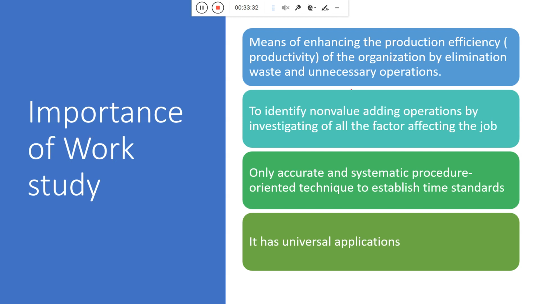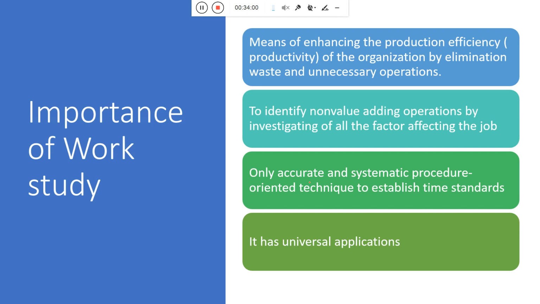It also identifies non-value-adding operations by investigation of all the factors affecting the job. That is one thing you need to identify: what non-value-added things are there. Can I remove those non-value-added things? That question you can answer when you apply work study properly in that particular organization.